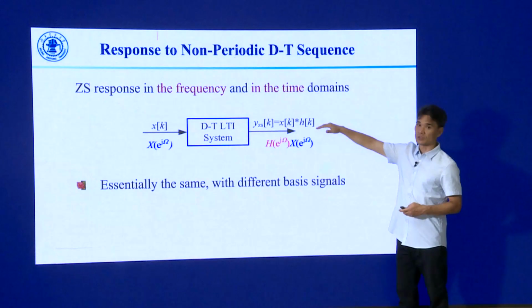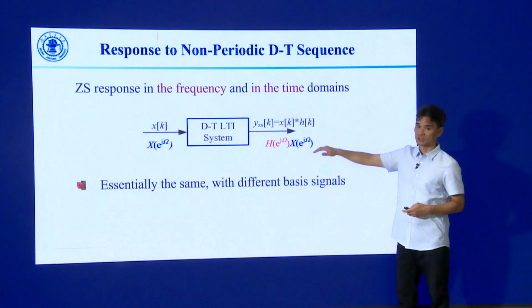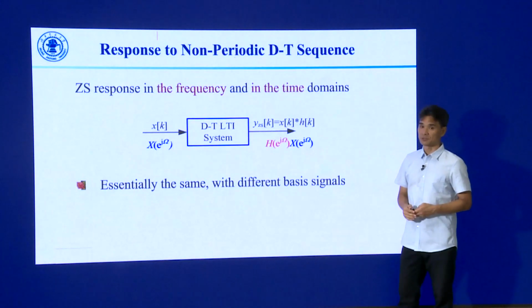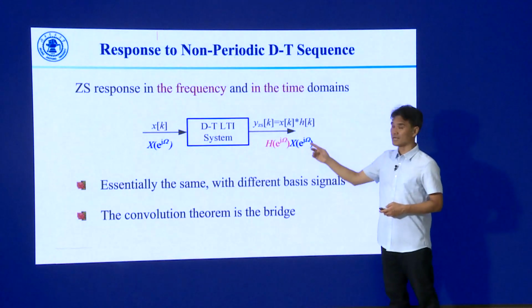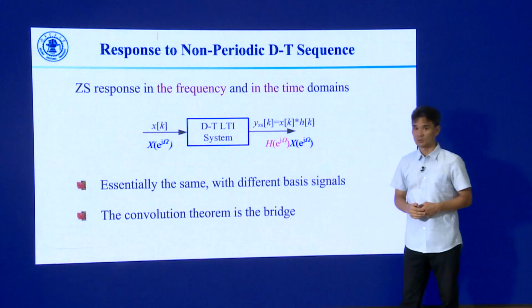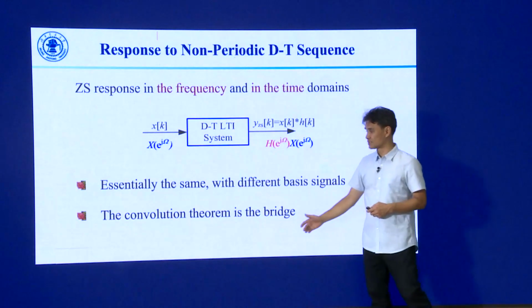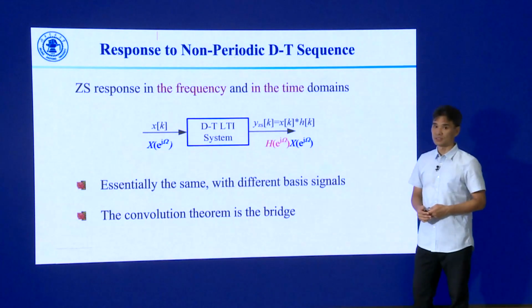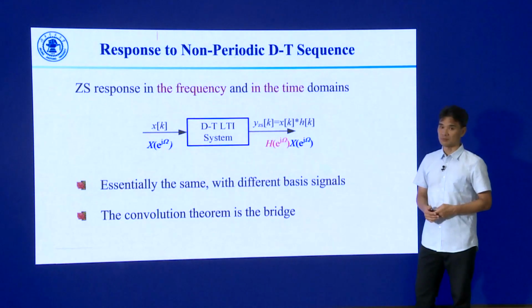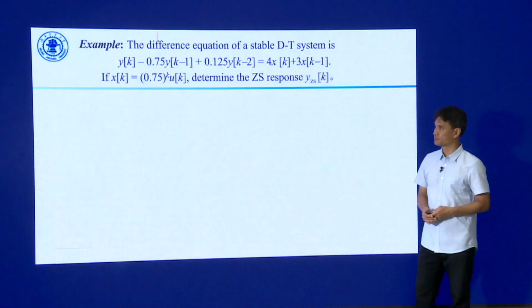The base function here is the delta function. The base function here is imaginary exponential signals. And the connection between these two domains actually is the convolution theorem of the discrete time Fourier transform.